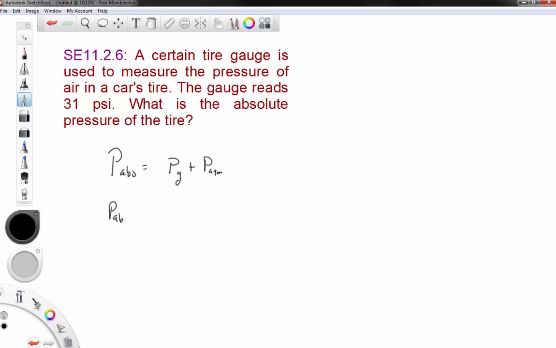So our absolute pressure is going to be given by 31 psi plus 14.7 psi. Recall that since this is to the nearest 1, we're going to ultimately round to the nearest 1. So we have 31 plus 14.7, which is 45.7, and that rounds to 46 psi. So the absolute pressure of that tire is 46 psi.